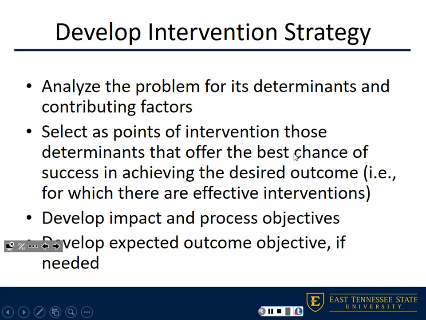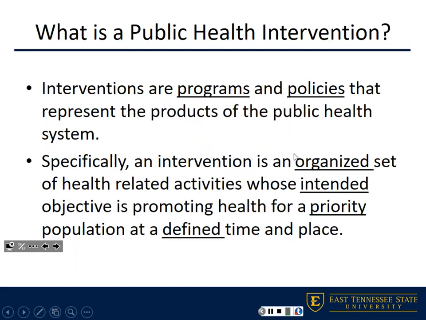So for our selected determinant, we develop an impact objective that defines the desired future level of the determinant, and for each of the direct contributing factors influencing that determinant, we develop a process objective that defines the future level of the direct contributing factor for our, again, target population.